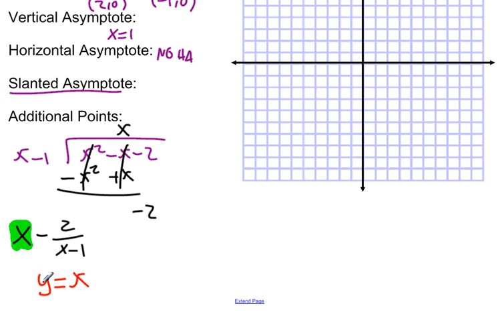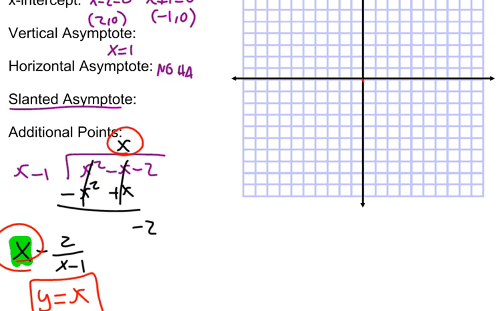It's always going to be y equals whatever our quotient is, and it happens to be x. So that means that we will have a slanted asymptote on the line y equals x, up 1 over 1, up 1 over 1, and it's going to look just like this right here. Let me just review that again.